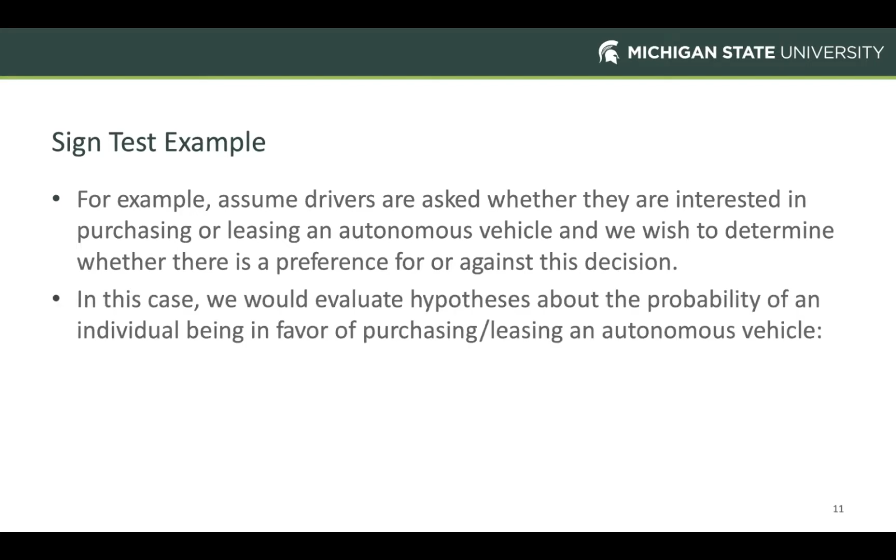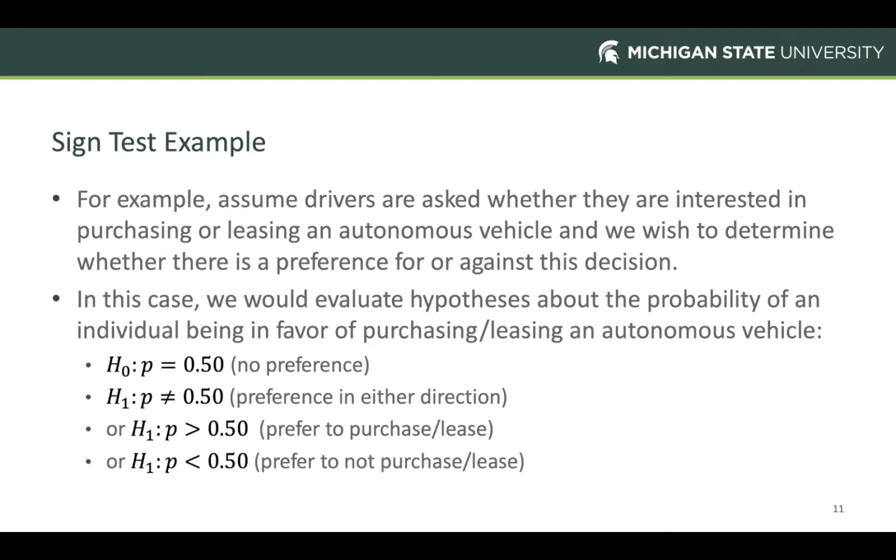In this case, our underlying hypothesis is again going to be that that probability is equal to 0.5. So basically it's going to be split. If that null hypothesis that there's no preference is true, we'd expect to see the same number of yeses and nos to that survey response question as an example, okay?